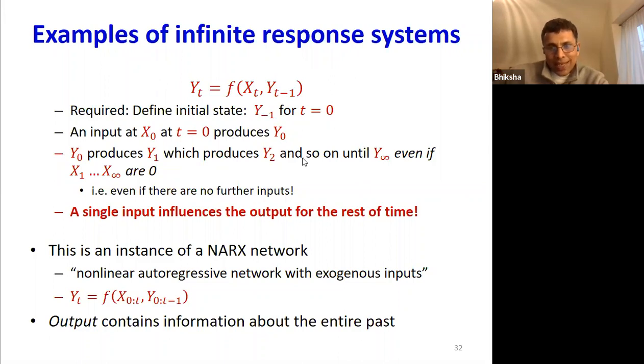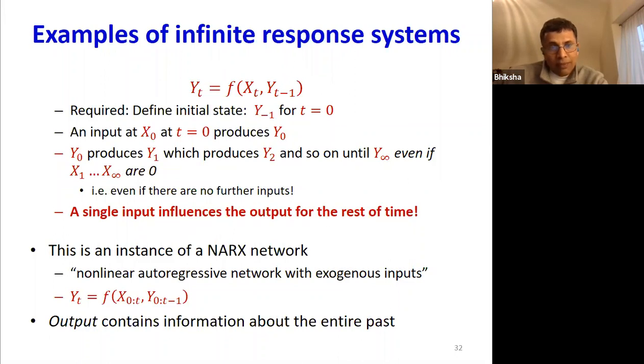But then once that happens, if you have an input at time 0, that's going to produce an output. And then if you have no further inputs, just because y0 had some value and keeps going back into the network as y1, y2, y3, and so on, the network will continue to produce outputs forever. So this simple recursion gives you an infinite response system.